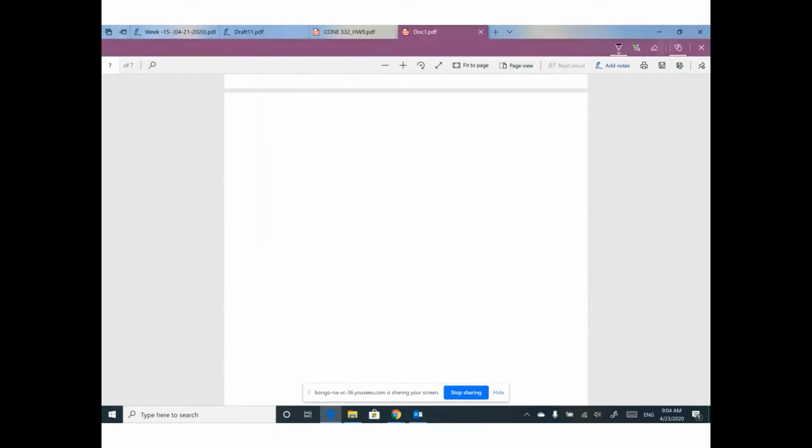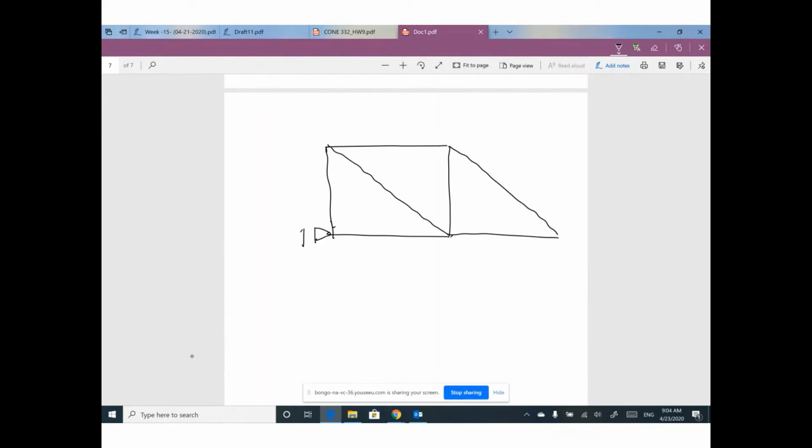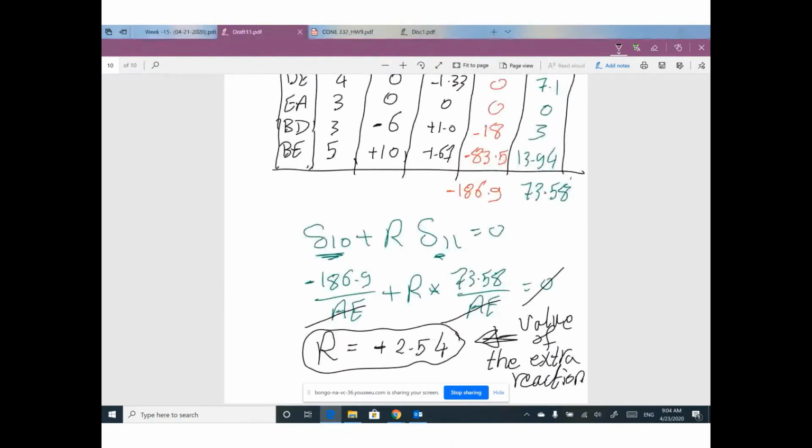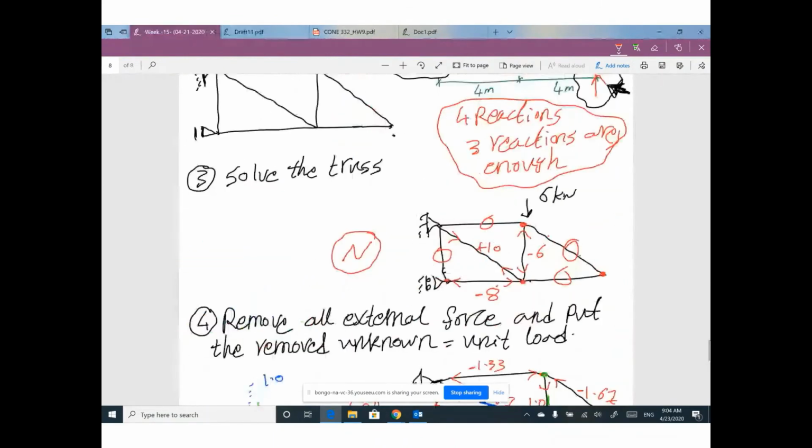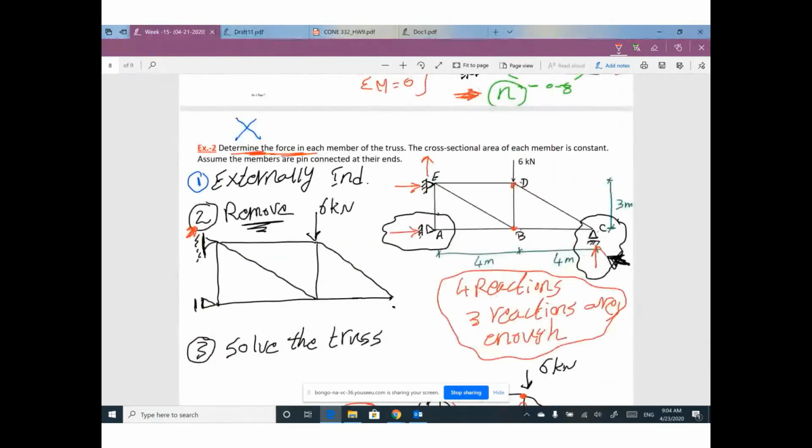So your final truss looks something like this. We have a roller here, a hinge here, and a roller here, and we have 6 kilonewton.